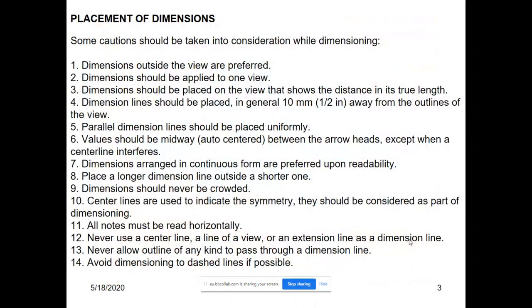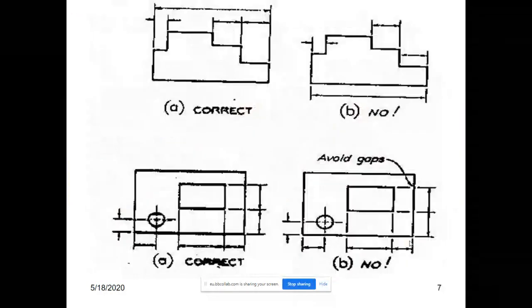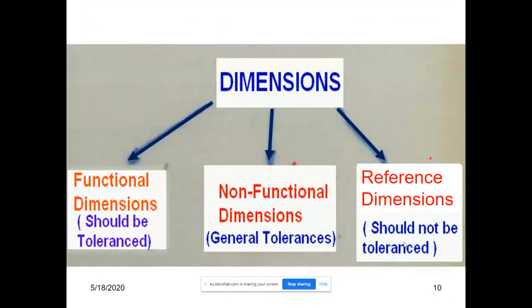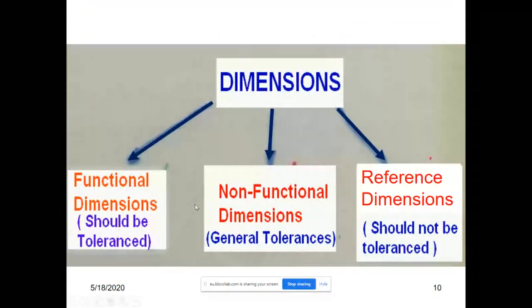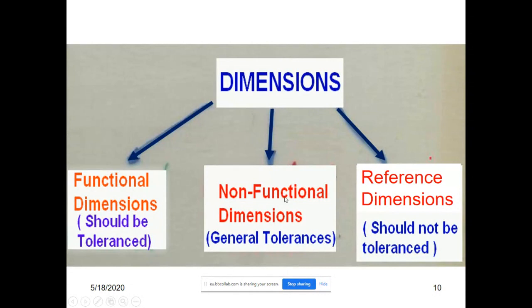After finishing this part in the content, focus the attention one more time on the classification: functional dimensions, non-functional dimensions. And I said that you're going to see what the meaning of reference dimension in the classification is, studying on the CAT application.